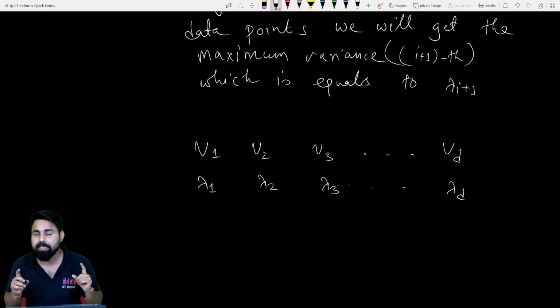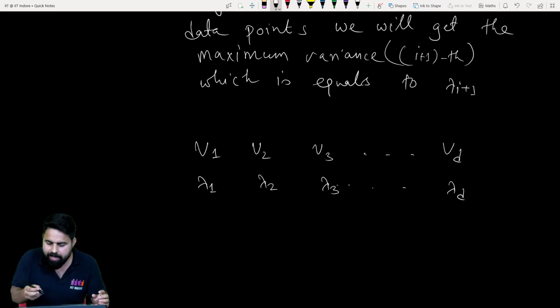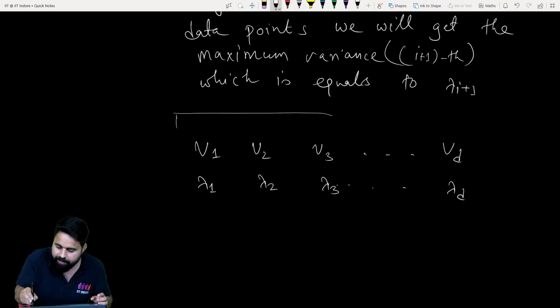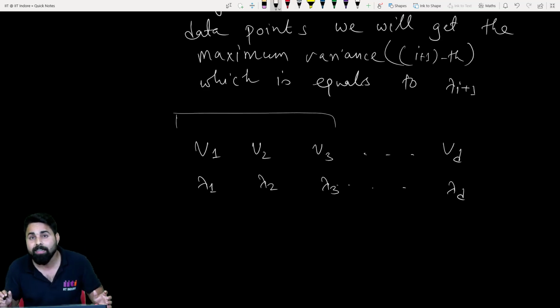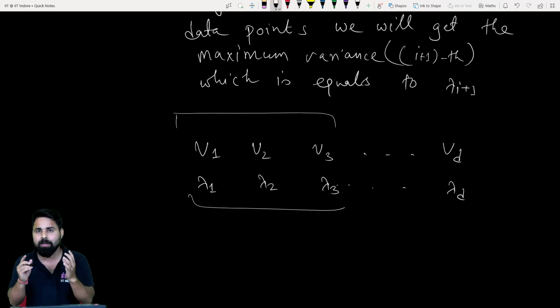And the important thing is what we are getting: the new axes or new directions. Along some directions, especially the earlier eigenvectors, corresponding to which the eigenvalues are large, we will get the maximum amount of variance, and this is very important.